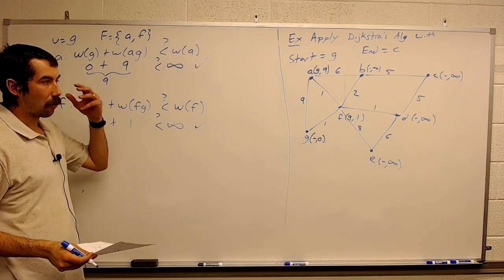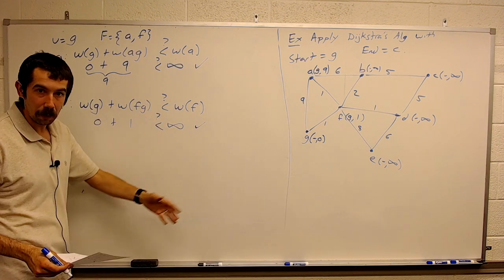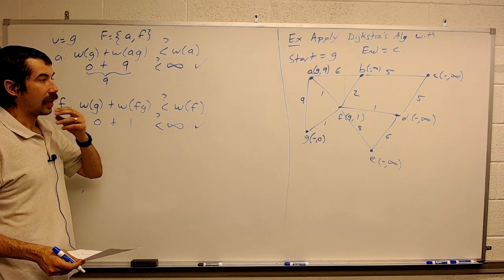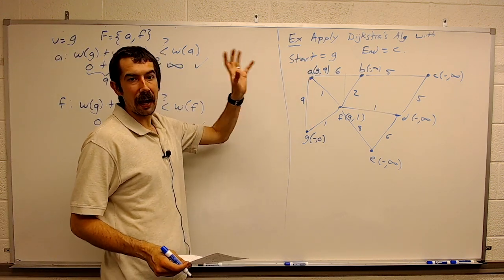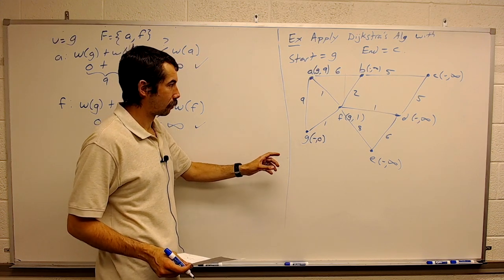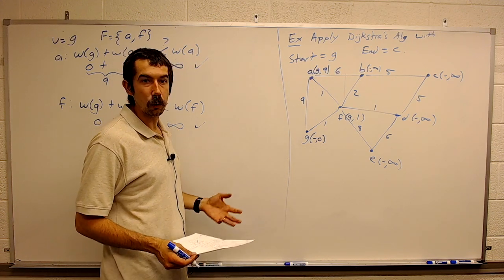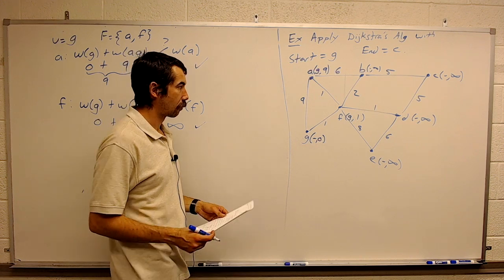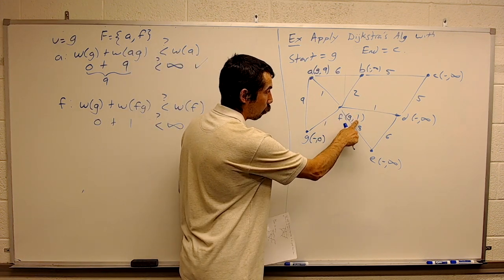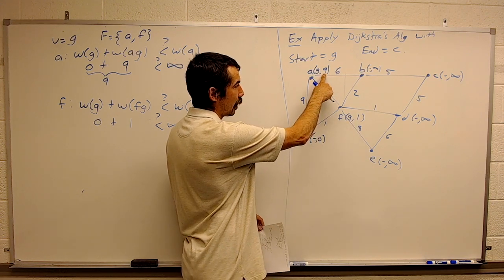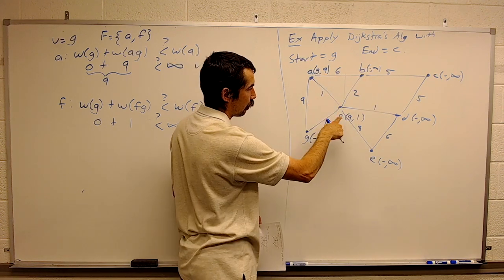Okay? Now our final step before we cycle through again is now we want to look at our graph. Of all the vertices we haven't been to yet, which has the least weight? Okay? And it's F. The weight of F is 1, which is smaller than 9 and smaller than all the infinities.